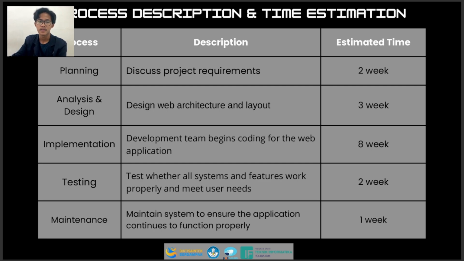From planning, where we discuss our project requirements, which took around 2 weeks, and analyze design, where we designed the web architecture and layout for 3 weeks, and implementation, the development stage, where we started coding the web application, taking 8 weeks, and the testing, which took about 2 weeks to ensure our system and features work properly and meet user needs. And lastly, for the maintenance, where we maintain and ensure the system continues to function properly, lasting 1 week.